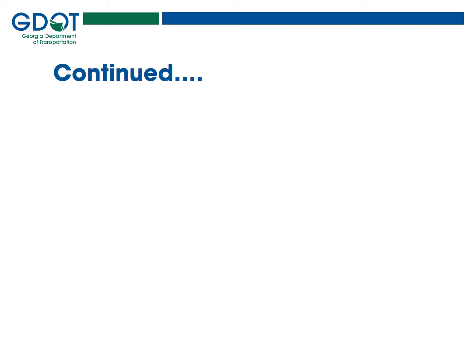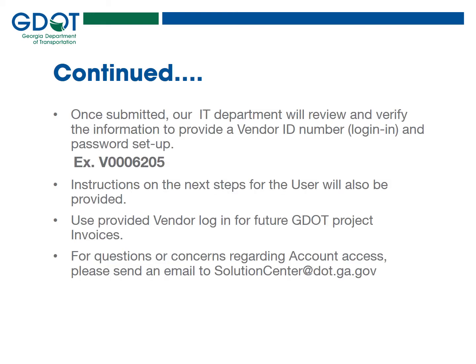Once a user registration form is completed and submitted to the department, our IT office will review and verify the information and provide the registered email address, a vendor ID number, and a password setup. An example of your V number will look similar to the number below.